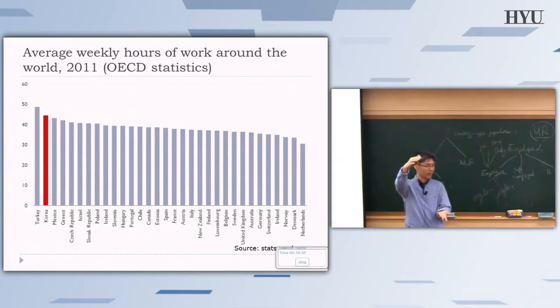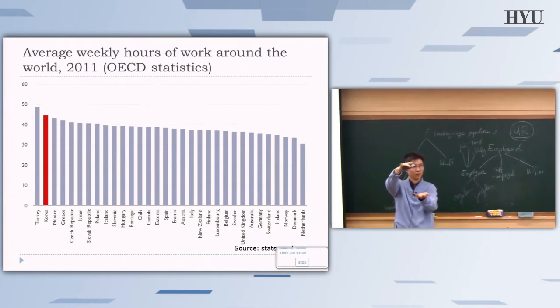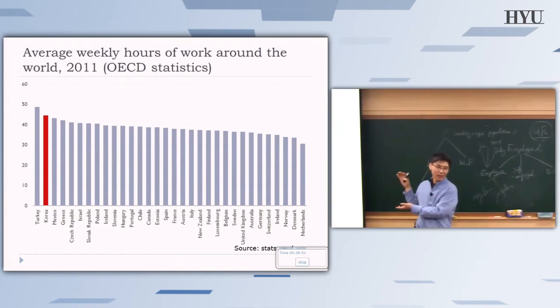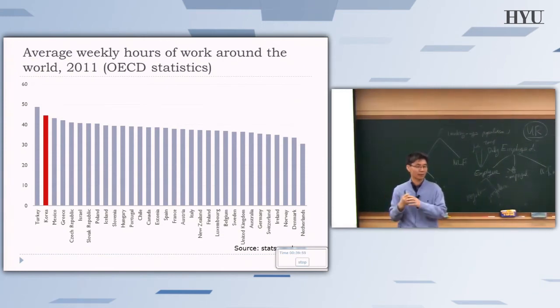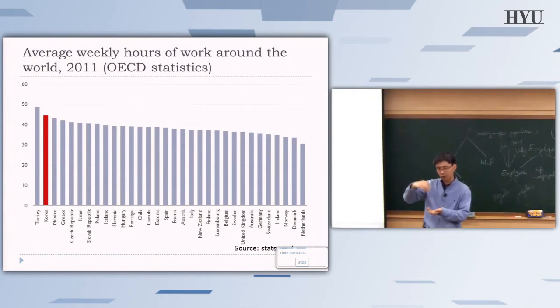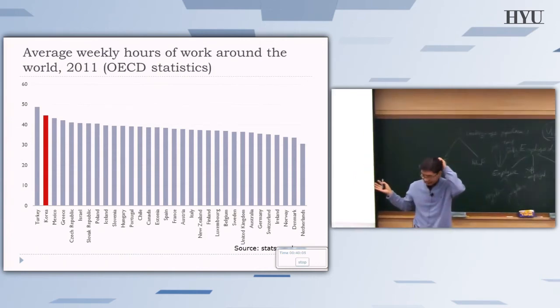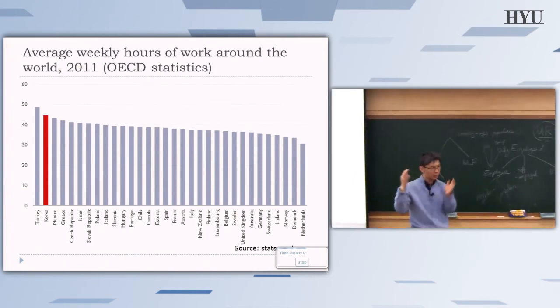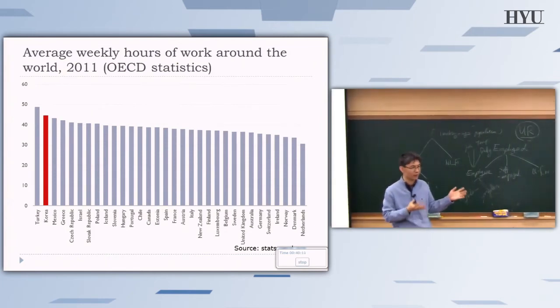So we have full-time people and part-time people. Full-time Germans probably work 40 hours a week. But in Germany, or especially in the Netherlands, it's very well known that there are a lot of part-time workers. So if you add them up, then the average is lower than 40 hours. Okay? So it's not like full-time workers in Germany or the Netherlands work significantly less than Korean full-time workers.